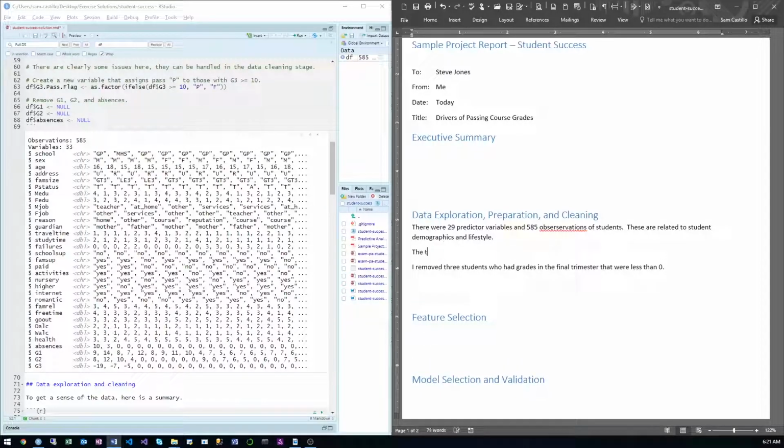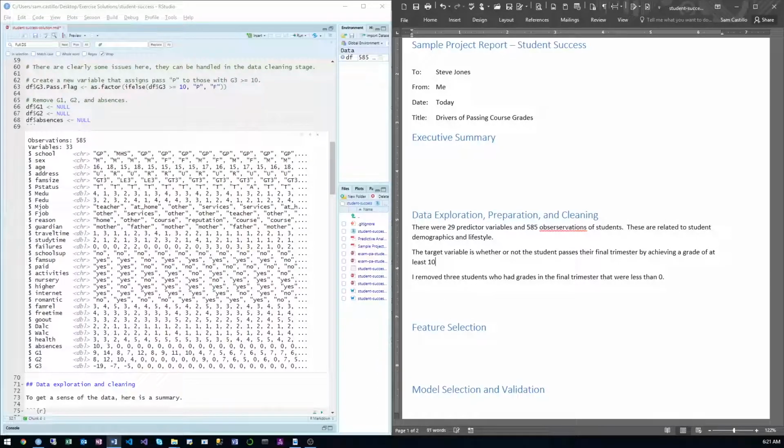The target variable is whether or not a student passes their final trimester by achieving a grade of at least 10.